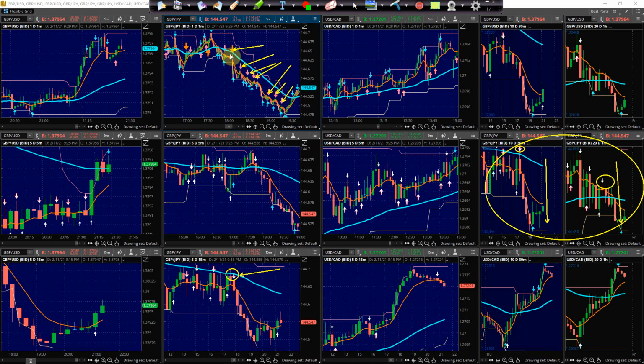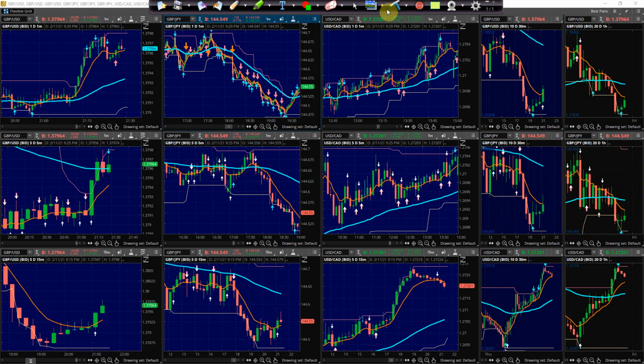All 3 entries would have won. So that's quite a few trades we had just in this impulsive move to the downside. And we're just filtering out the best trade. We're waiting very patiently just for the best trade to come. So that's what we do here.